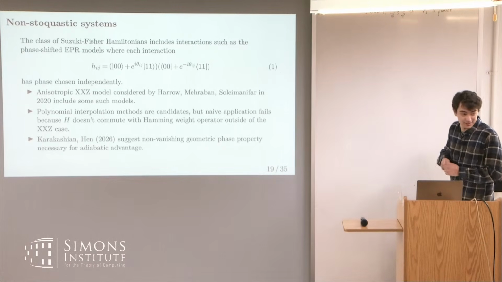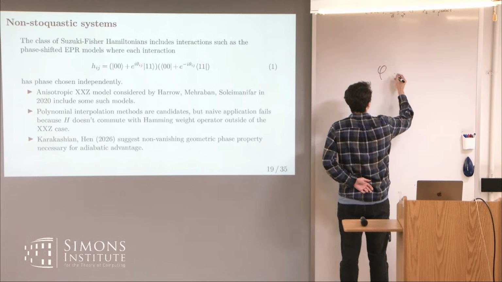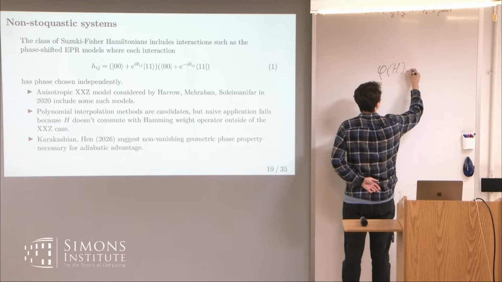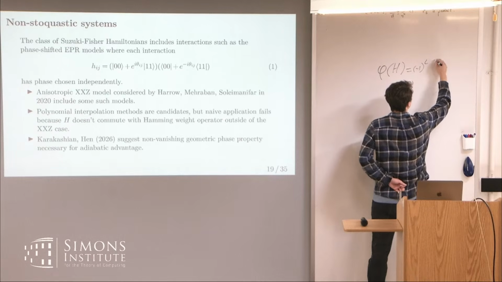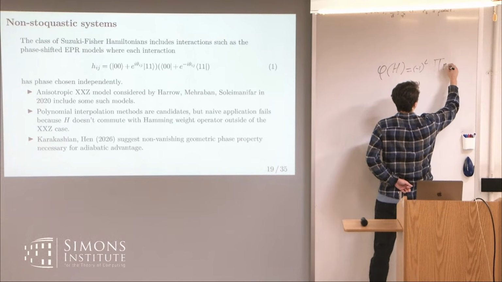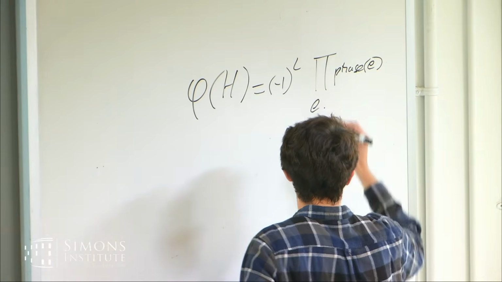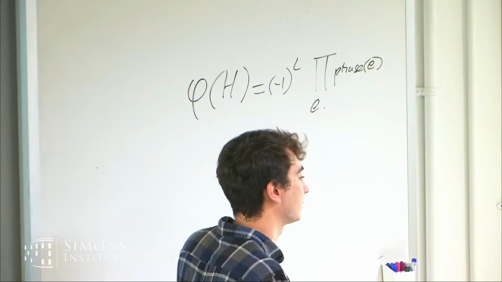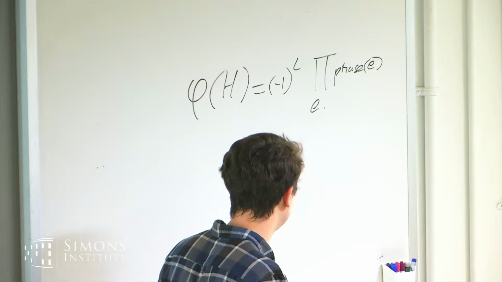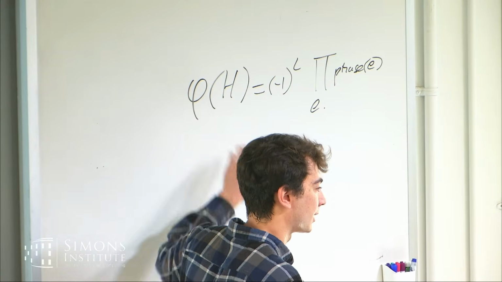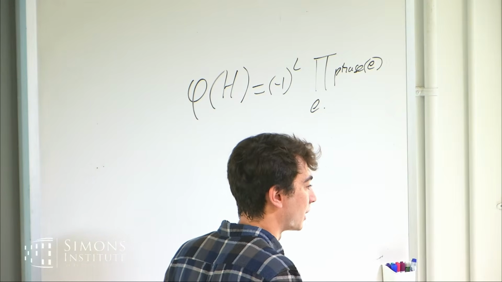And again, this is something that appeared on the arXiv like yesterday, so I don't know it super well, but you want to look at a walk on the graph coming from your Hamiltonian, and you want to look at the product of all the phases times this -1 to the L. If this is just constant 1, then you have the vanishing geometric phase property.